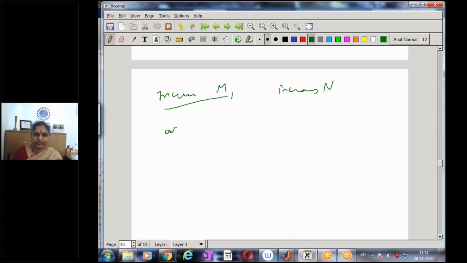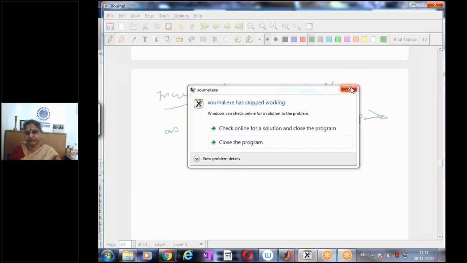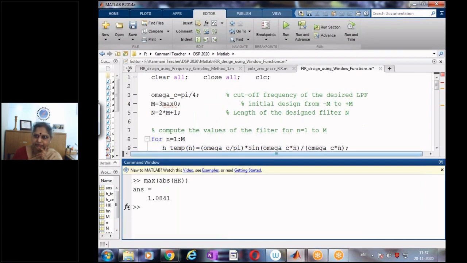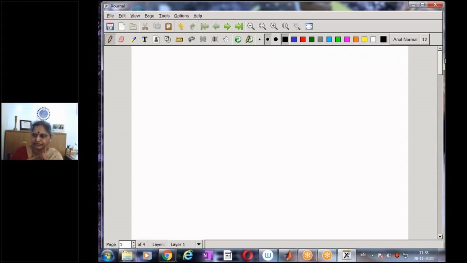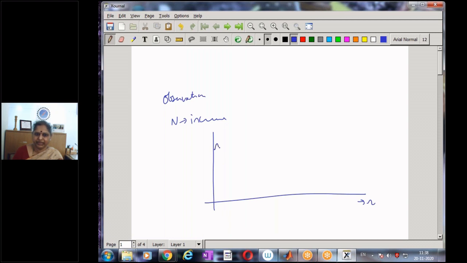So now what is our observation? What we find is, if I increase n, the order of the filter, then my designed frequency response has some overshoot and then some ripples.